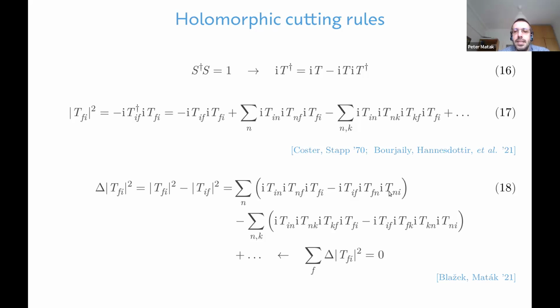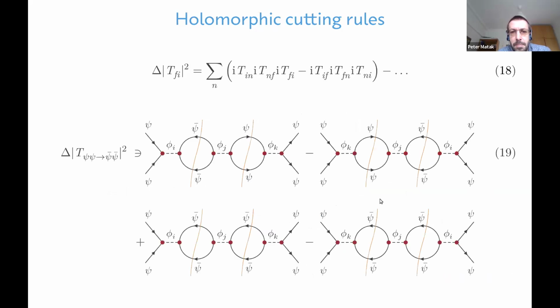So you will exactly be able to point out which diagram and which contribution to the asymmetry is cancelled by which other one. Okay, so now I will show you an example.